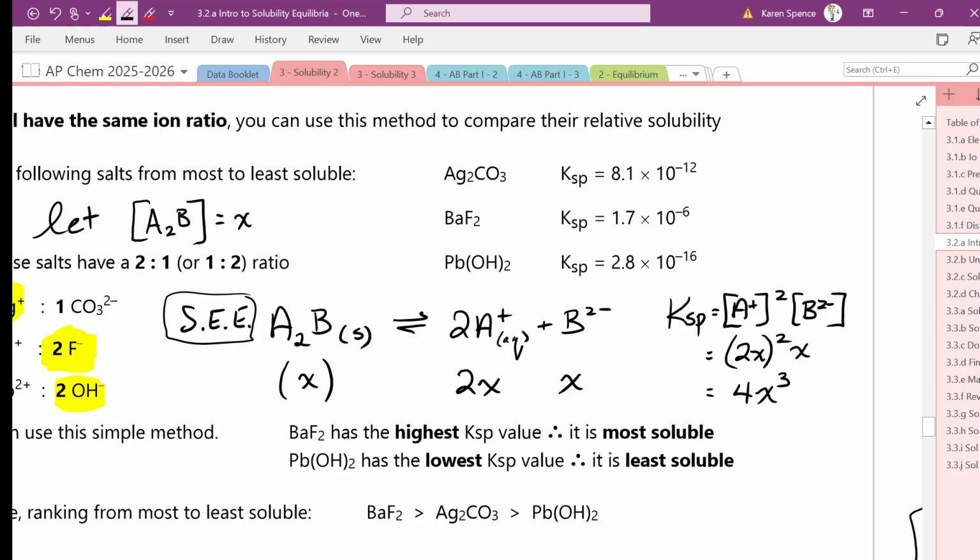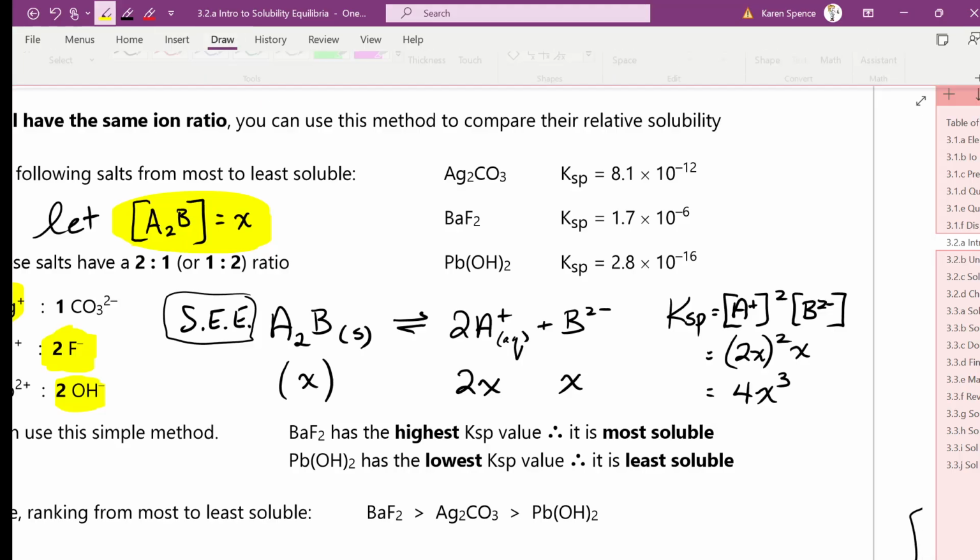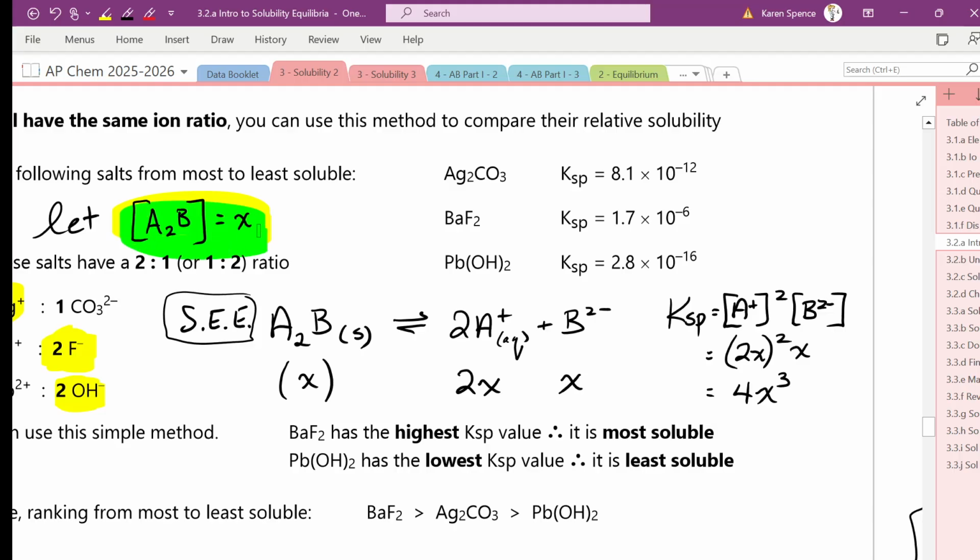And what is x? X is the concentration of the A2B, of the 2-to-1 ion compound. Yes? What's another word we can use for that concentration of a low solubility compound? The molar solubility.